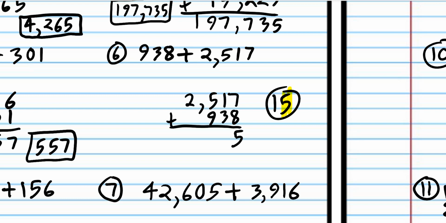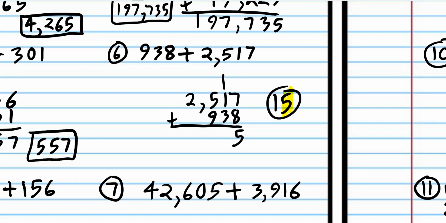You're going to carry the number. All right? Then instead of adding 3 plus 1 in the tens place, you're going to add 3 plus 1 plus another 1 to get 5. So normally it would be 3 plus 1 is 4, but because you carried the number, it's now 5. All right?